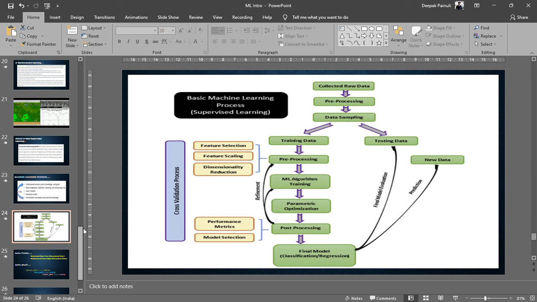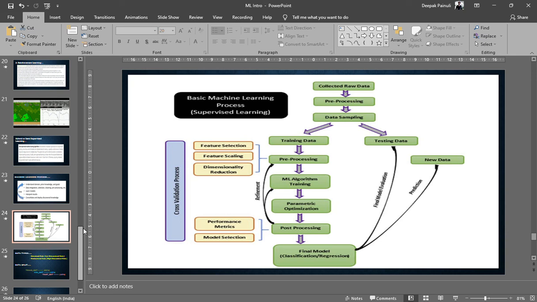Once you have chosen your ML algorithm and checked your efficiency on training data, you need to evaluate your machine learning model on testing data, which we already split at the beginning, right?